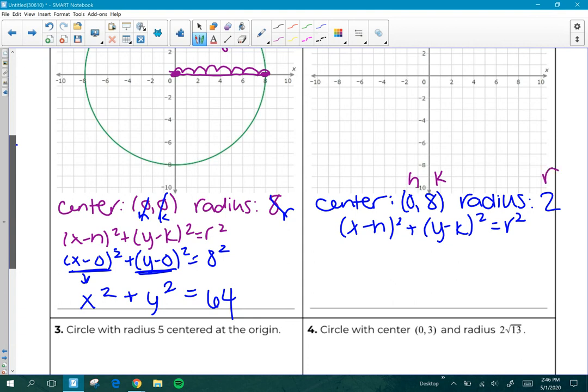And now I can start plugging in. So I have x minus, I'm replacing h with 0, squared, plus y minus, I'm replacing k with 8, squared, equals r, which is 2 squared.